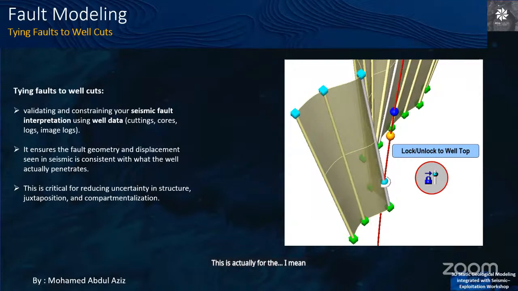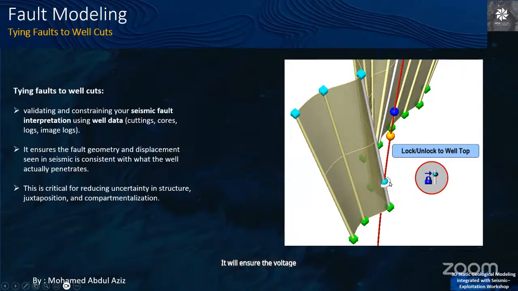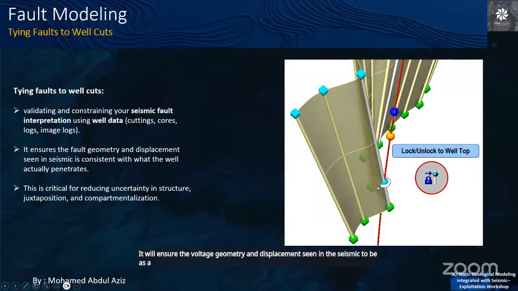This is actually, in terms of the static model, validating and demonstrating your seismic fault interpretation using well data. It will ensure the fault geometry and displacement seen in the seismic are consistent with what the well penetrates. Okay.